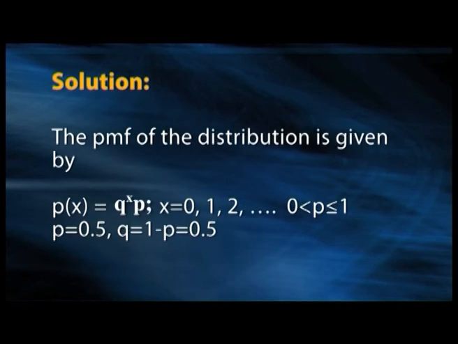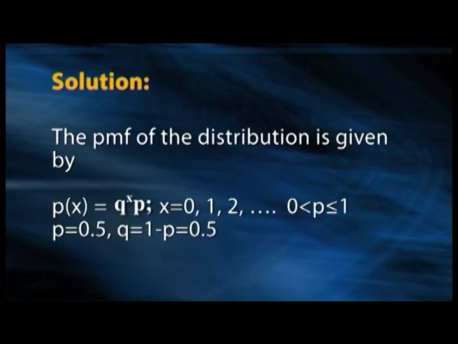The probability mass function of the distribution is given by p(x) is equal to q power x into p, where x takes values 0, 1, 2, etc. and p lies between 0 and 1.